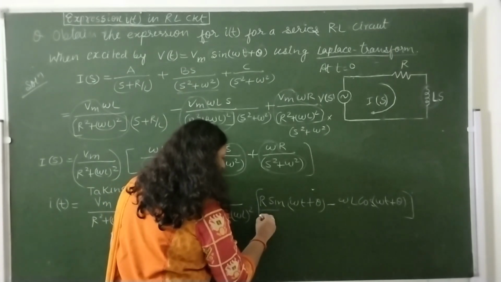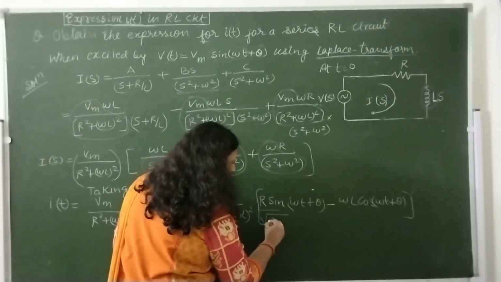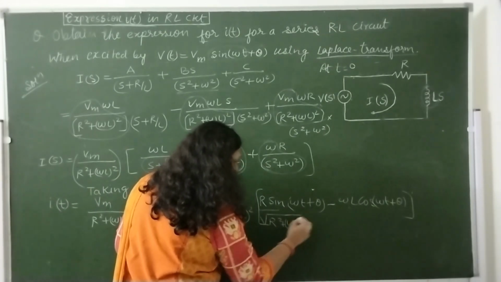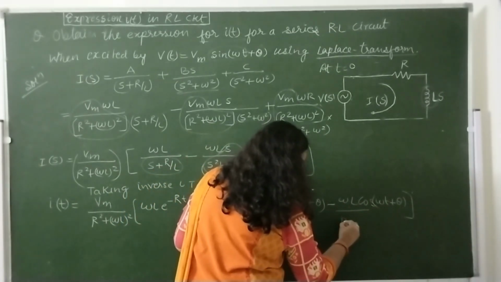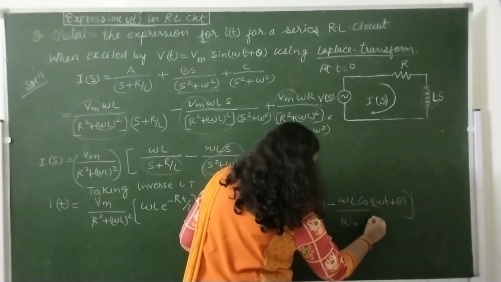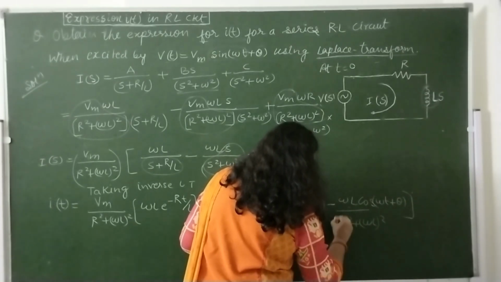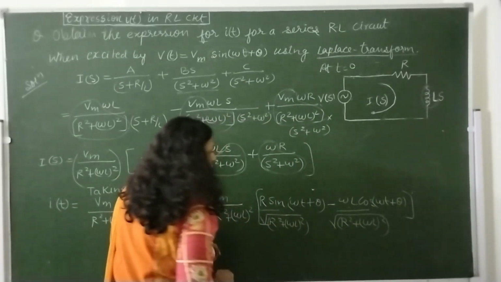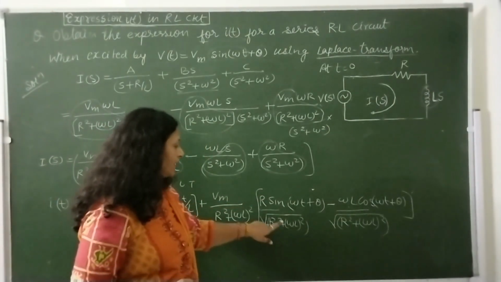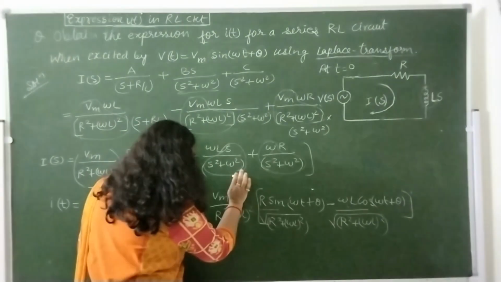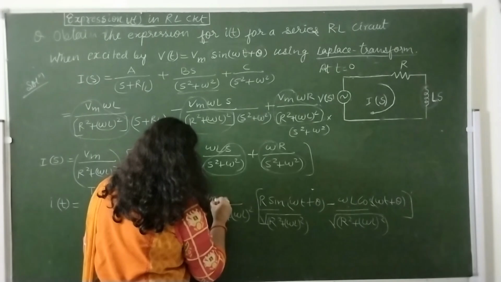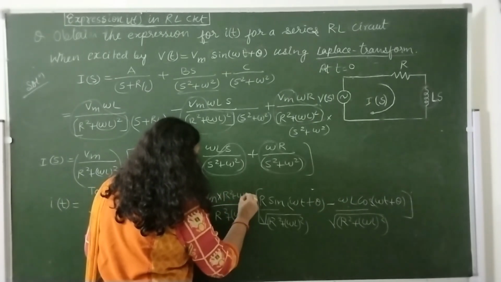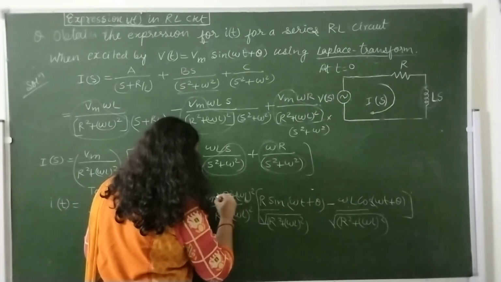Divide every term by the square root of R square plus omega L whole square, and multiply this term in the numerator also by the square root of R square plus omega L whole square.